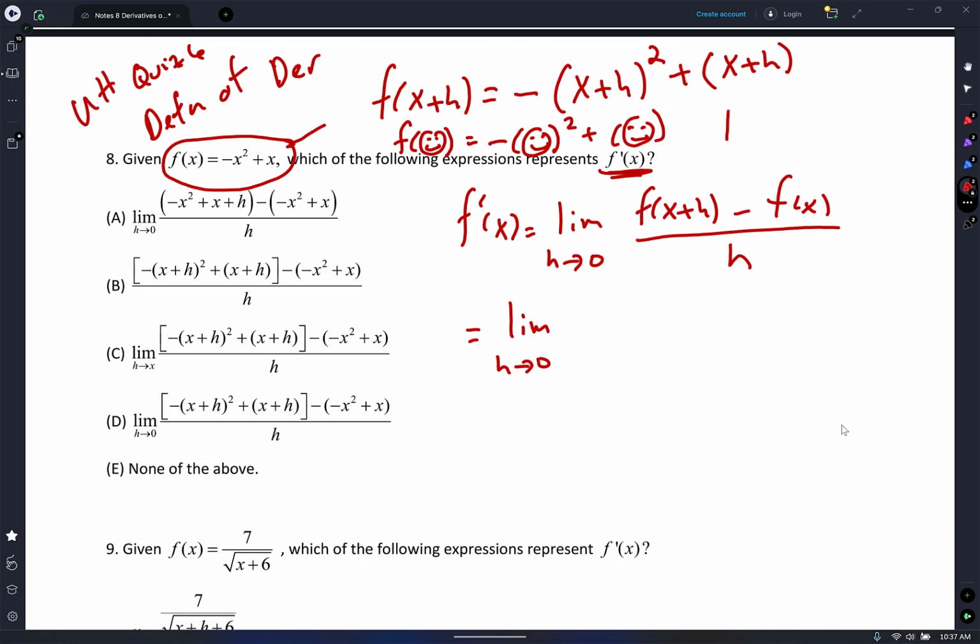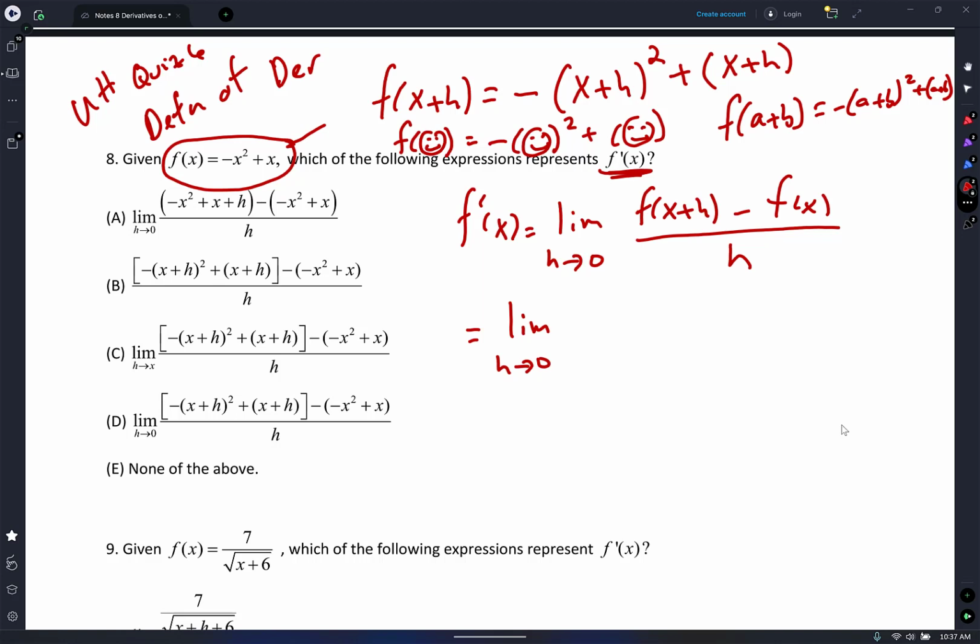So if I write f of a plus b, now wherever there's a happy face, I'm going to put the expression a plus b: negative parenthesis a plus b, close it, squared, plus parenthesis a plus b, close it. So that's exactly what I'm doing. It says x plus h, so wherever there's an x, you put the expression x plus h. Did I answer your question? Okay. All right, here we go.